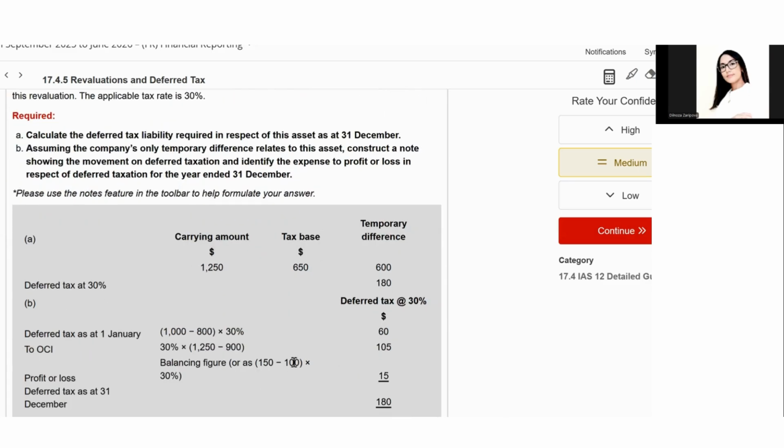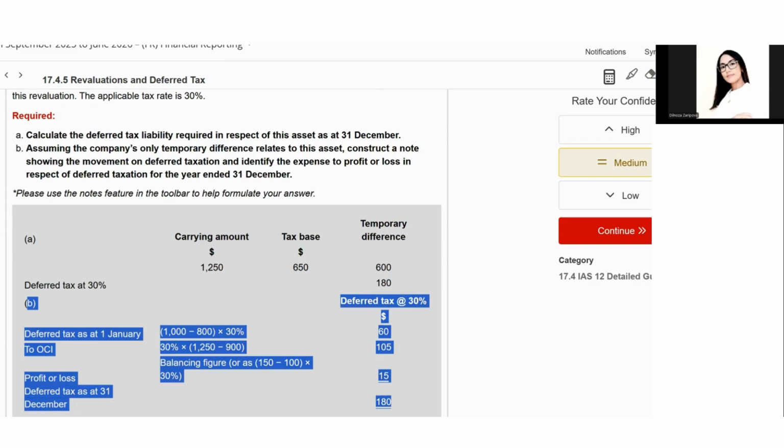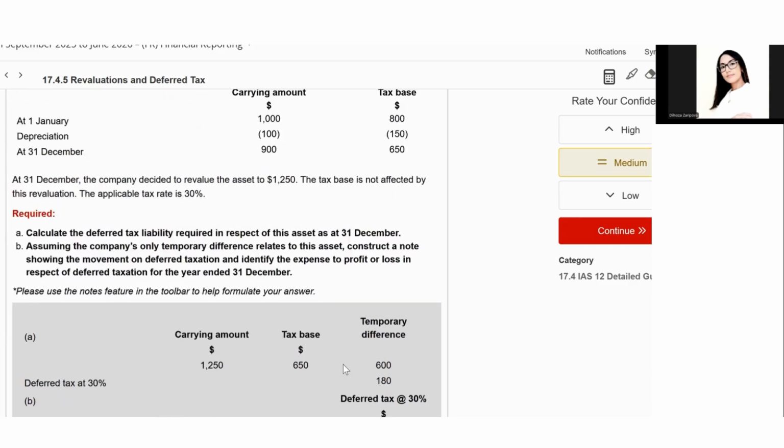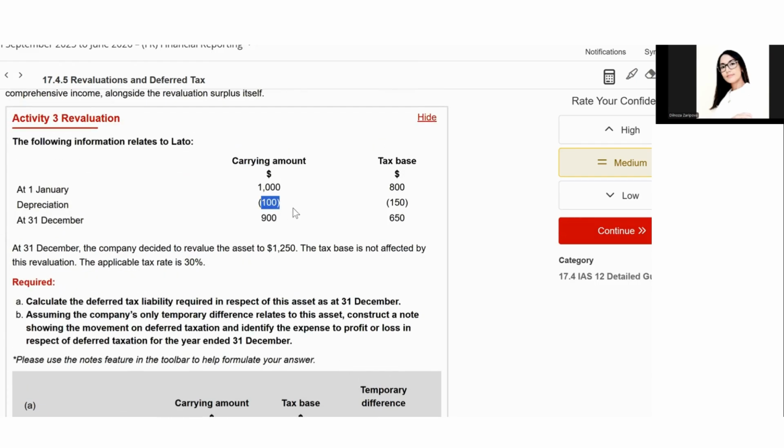Okay, so this is called B, as you see here, as the movement that you are going to show in your notes. So in your notes for deferred tax, you need to show the movement. Movement means that from the beginning, how your deferred tax changed, right? So in the beginning, it was this one. Then because of the revaluation happened this one. And the other things, because of this, your depreciation was different.